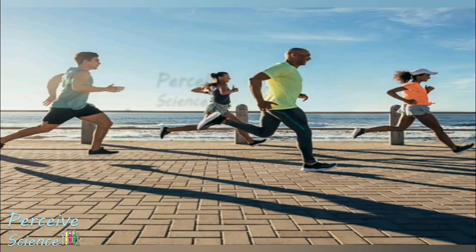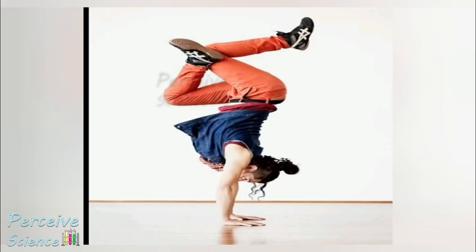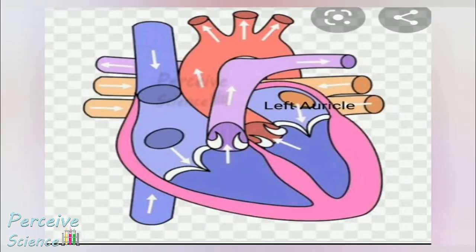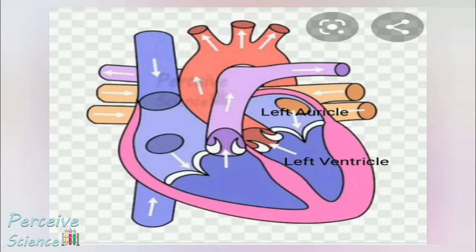So students, now you know that humans are developed organisms amongst many other organisms, and their daily oxygen requirement is higher as compared to the lower organisms. So nature has provided them with a heart with four chambers, two parts, one part to carry oxygenated blood and the other to carry deoxygenated blood. Now the upper part on the left side of the heart is the left auricle and the lower part is the left ventricle.